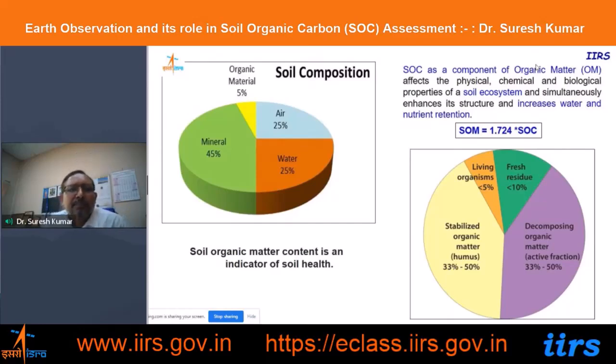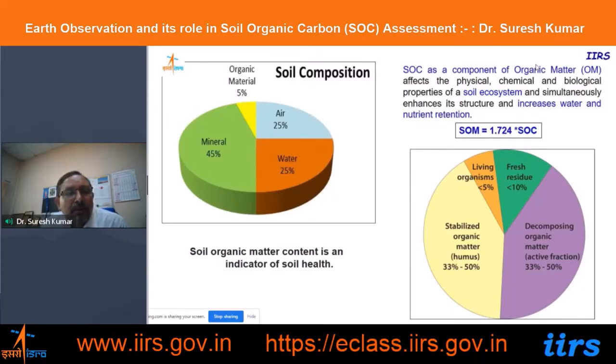I am showing how the processes affect soil organic carbon. As I told you, carbon is added in above ground residue and root biomass. Soil carbon is added, and this carbon may get oxidized and converted into carbon dioxide.